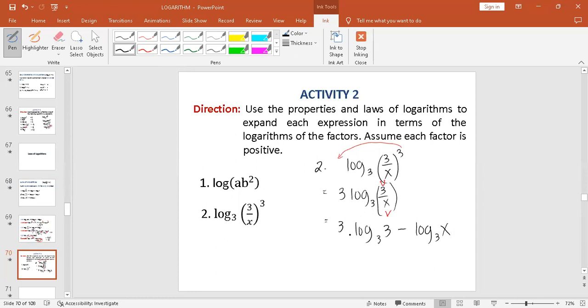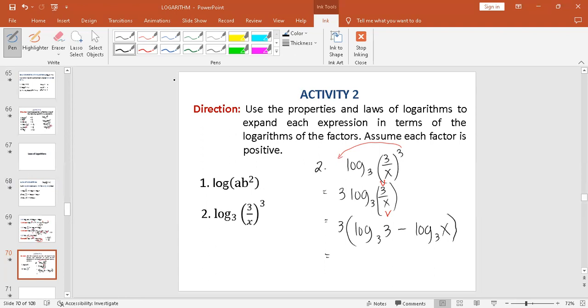Okay, kung mapapansin nyo, class, madami ng terms dito sa right side. So, we have to enclose this inside the parenthesis. Okay? So, ganyan na yung expanded form niya. So, sa tingin nyo, pwede pa ba natin siyang i-expand?